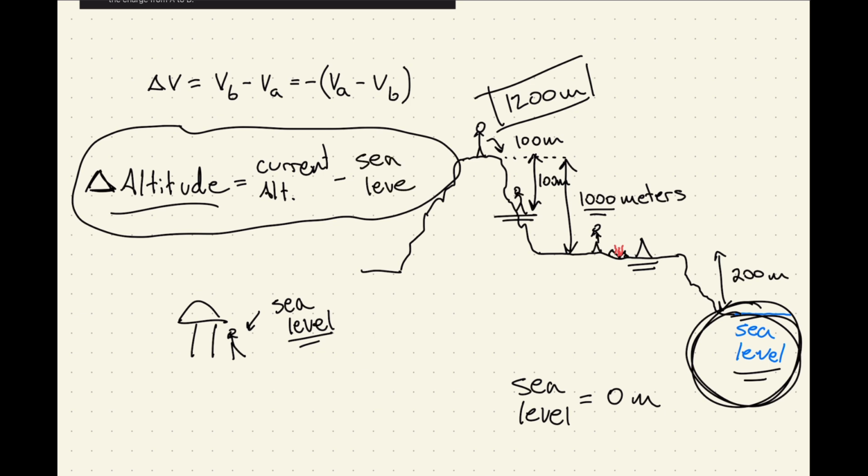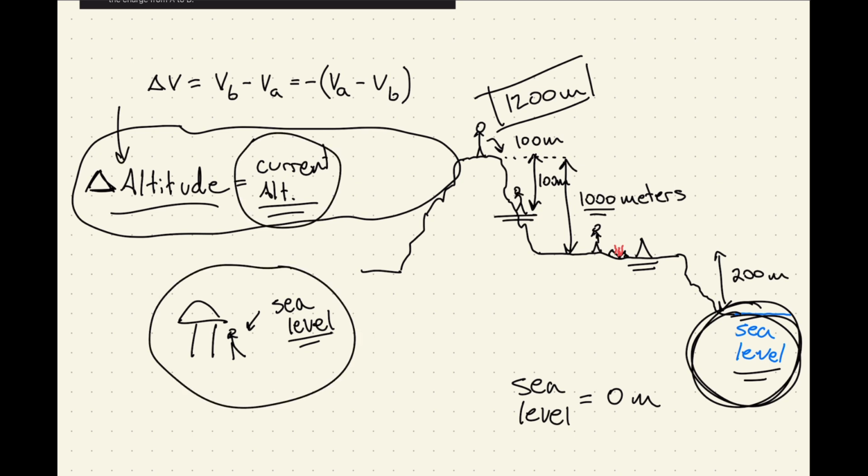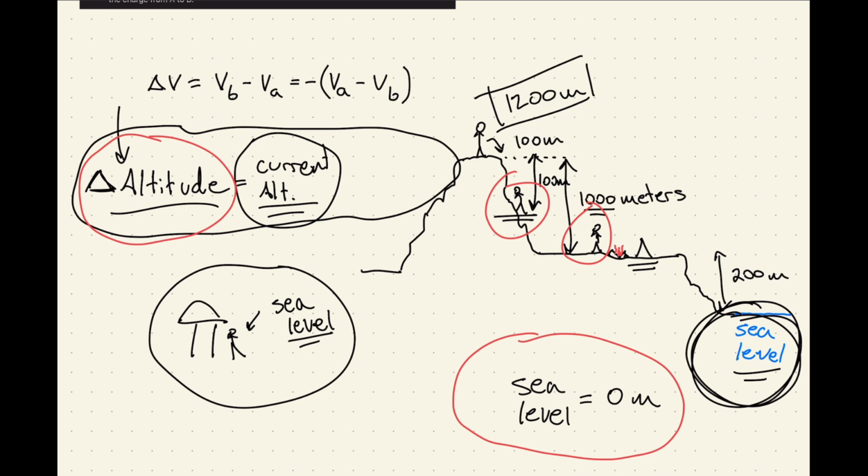And if you know your current altitude, then you can just subtract 0 from sea level, and you get a very simple equation. The altitude change is just your current altitude. So you can give this guy a singular number, you can give this guy a singular number, this guy a singular number, and since we've all agreed that sea level is our point of reference, we all know that the altitude change is from sea level.